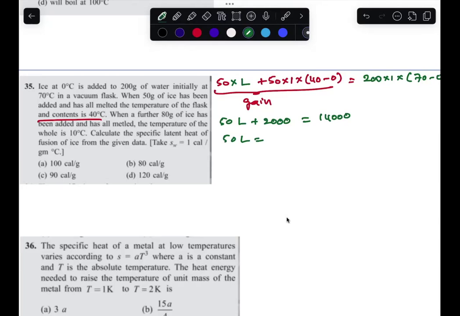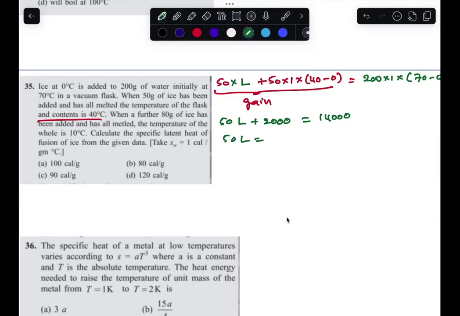When a further 80 grams of ice has been added and has all melted, the temperature of the whole is 10 degrees centigrade, which means 80L plus 80 times 1 into 10. This is the gain part. Now, what is the loss part?